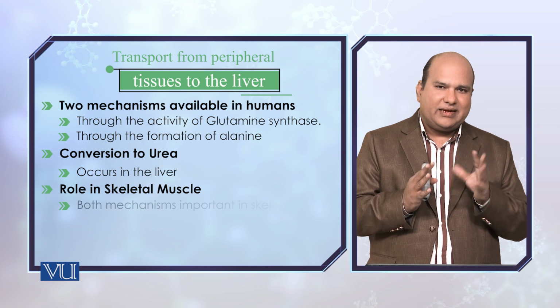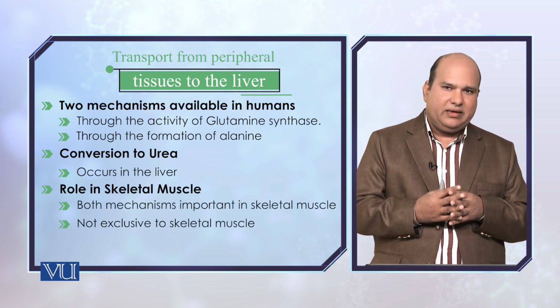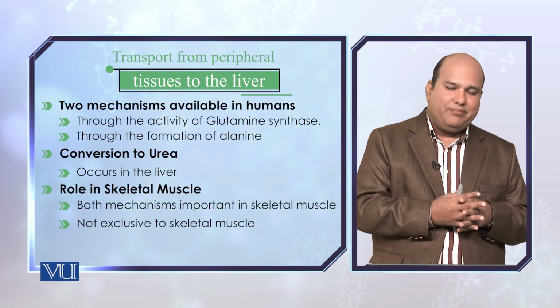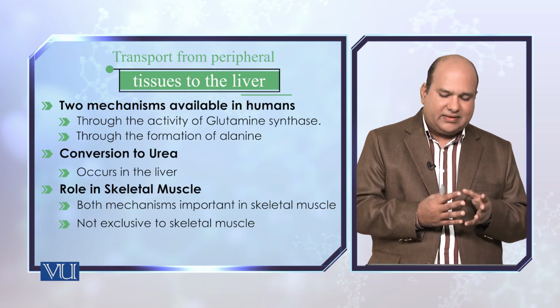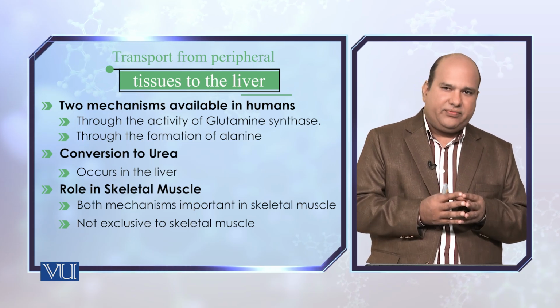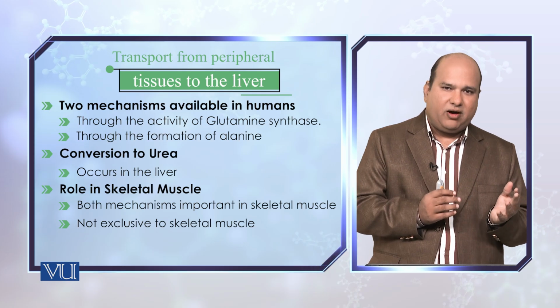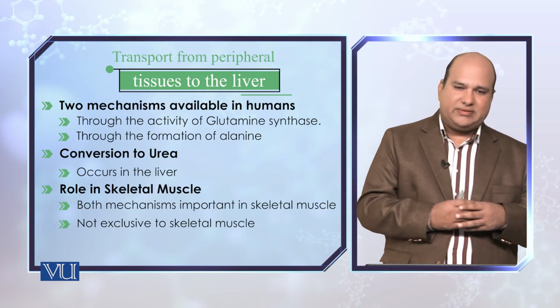Skeletal muscles are very important here, because these are the body parts in which most of the metabolism occurs, because they are very highly active parts. So as a result of this, many of the intermediate compounds will be formed in the skeletal muscle, and from there they will be moved towards the liver.